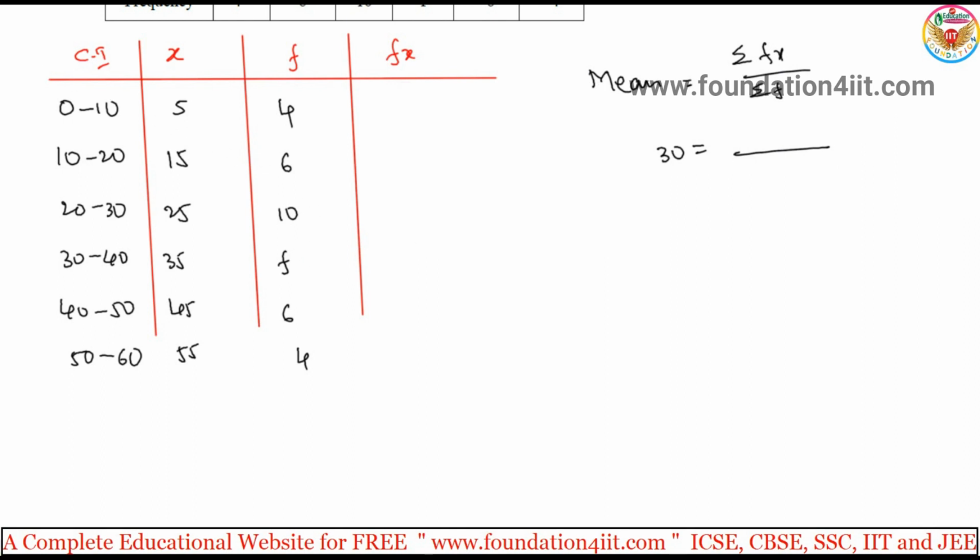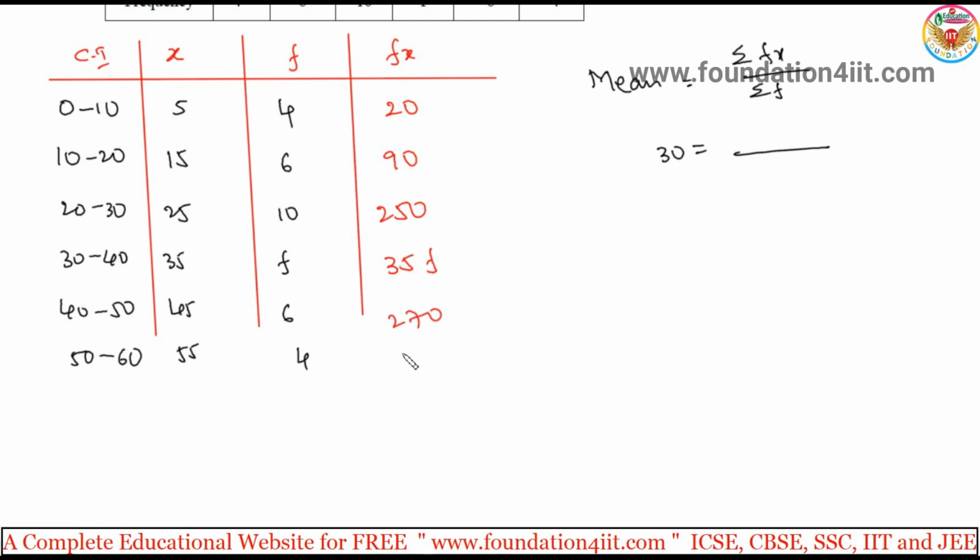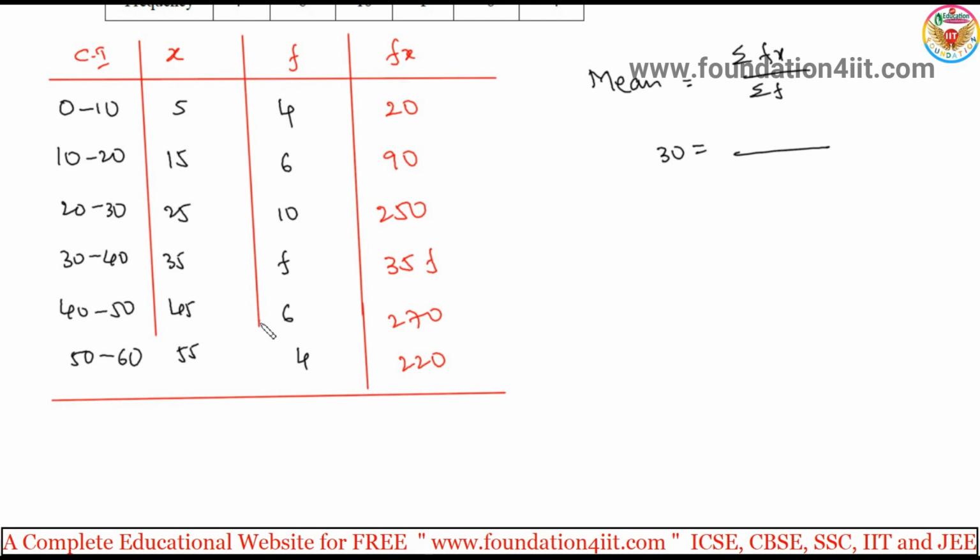That means you need to find 5 into 4, so add the multiplication of x and f columns. 15 into 6 is 90, 25 into 10 is 250, 35 into f is just 35f, 45 into 6 is 270, 55 into 4 is 220.